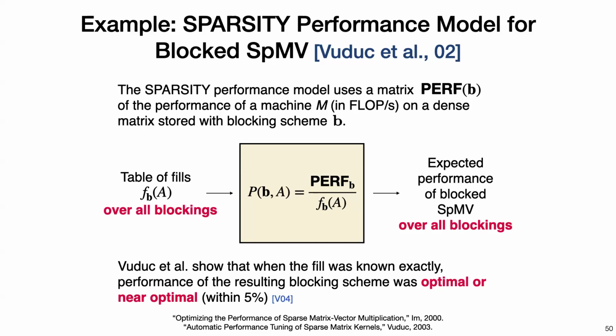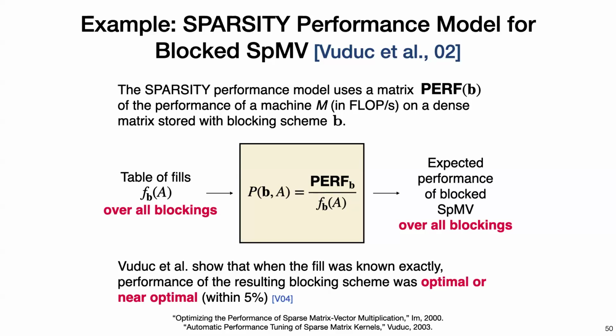You don't want this performance model to take like 1 million times the cost of your matrix vector product. So this is something that is simple to calculate. This performance profile just needs to be calculated once per machine. And this table of fills turns out to be fast to estimate with good accuracy.